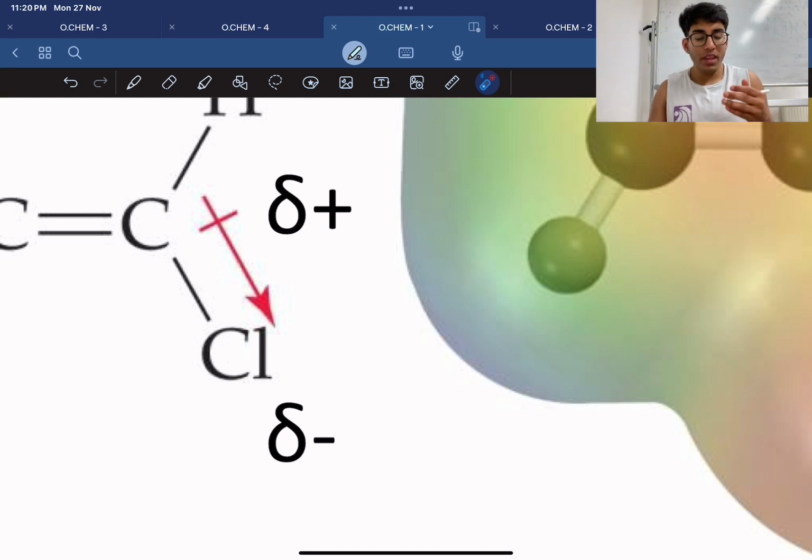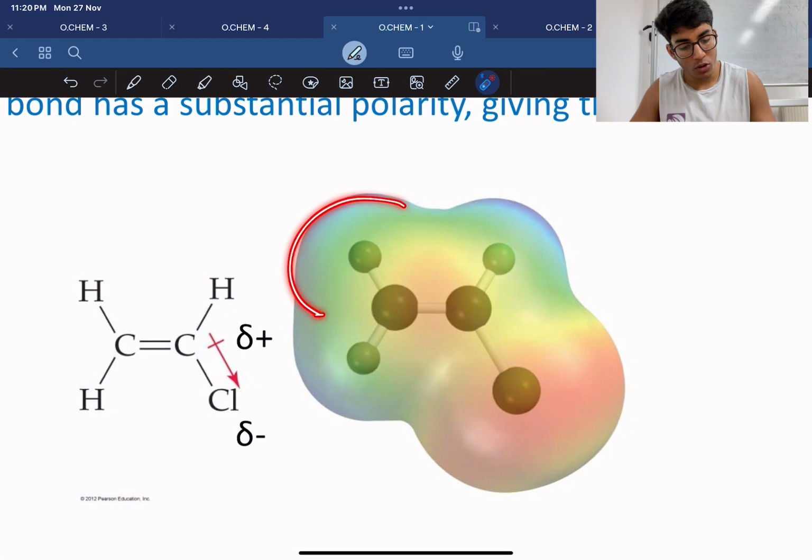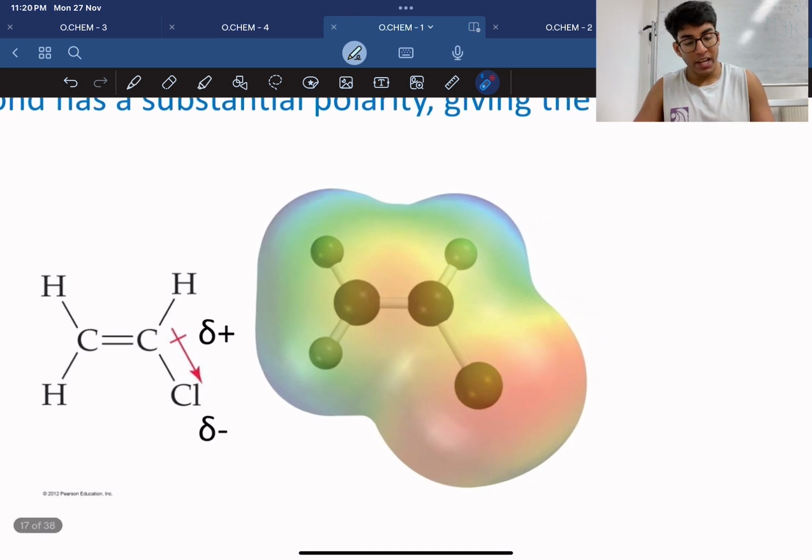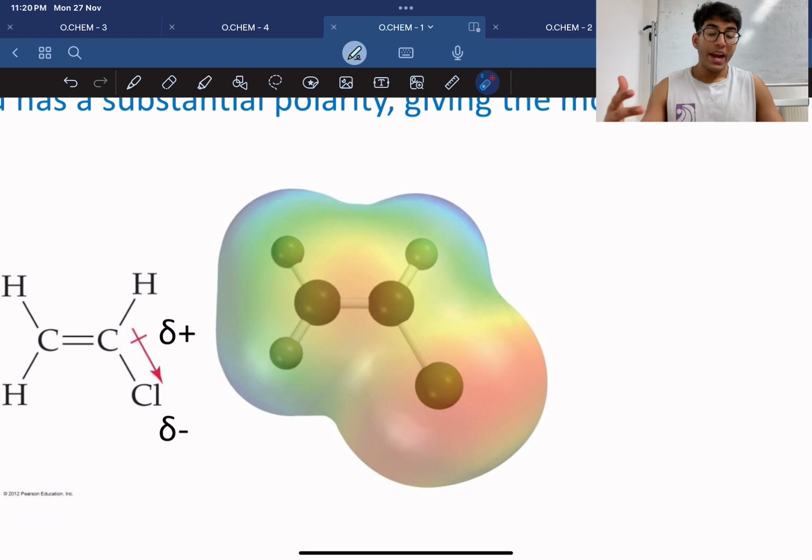Now we know that in a covalent bond, electrons are moving around from one cloud to another. These are the electron clouds, where the electrons reside. Because chlorine has a higher electronegativity, it attracts electrons more. But that doesn't mean it pulls all of them towards it and keeps them. It's just that the electron cloud near chlorine becomes bigger. So the chances of finding an electron around Cl are much higher than finding one here.